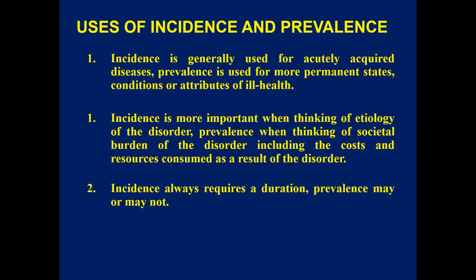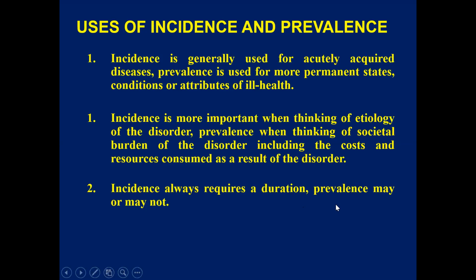Incidence always requires duration, and prevalence may or may not. In calculating incidence, we should know the duration of follow-up, or at least how many were present at the start of follow-up. Cumulative incidence can be calculated if you know how many are present at the start of follow-up. So there are different ways in which incidence can be calculated, but duration is important.